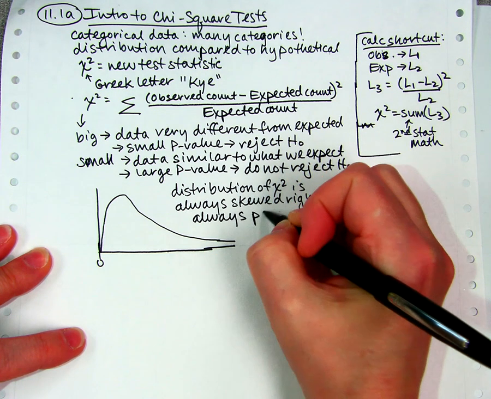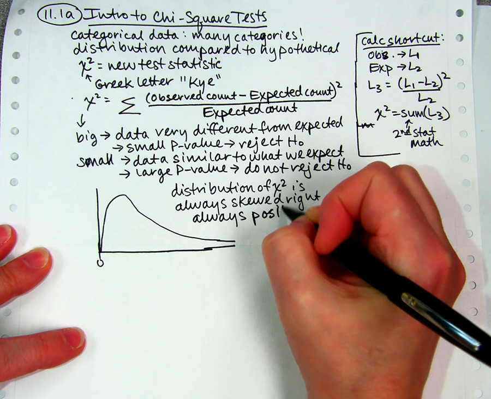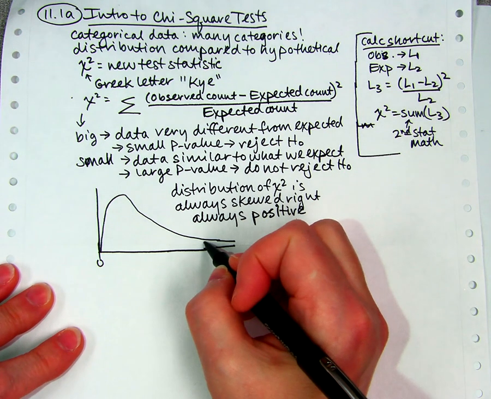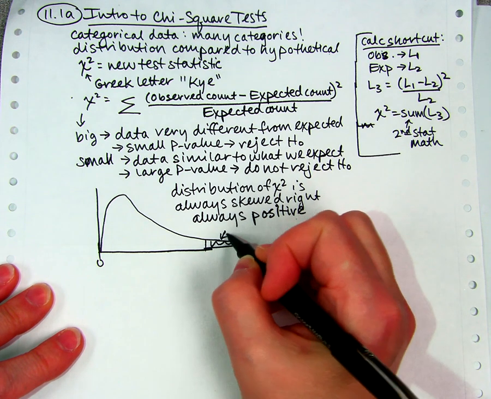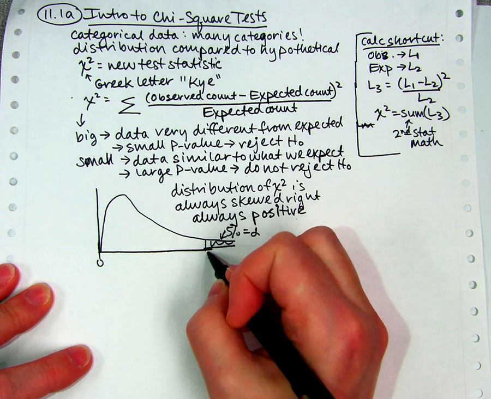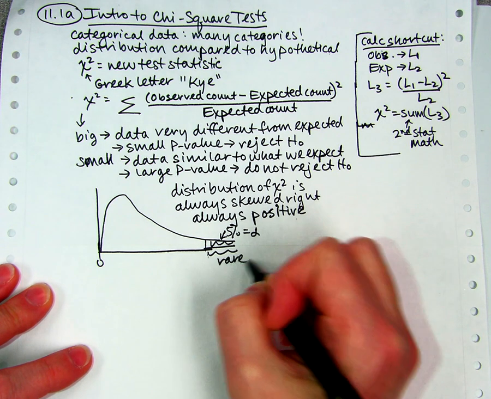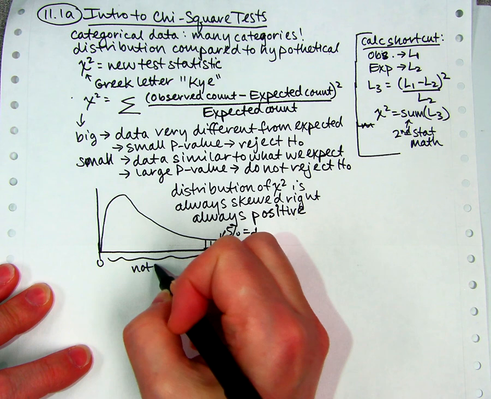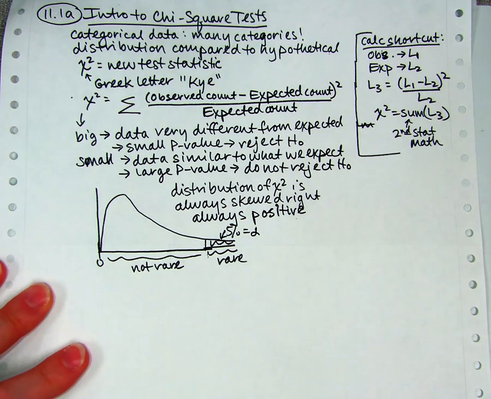Chi-squared is always a positive value, and it's significant or unusual if you're over here in the tail. This last 5% over here, that's my alpha usually, that's rare values of chi-squared. And this piece over here is not rare, or reasonably likely values over here.